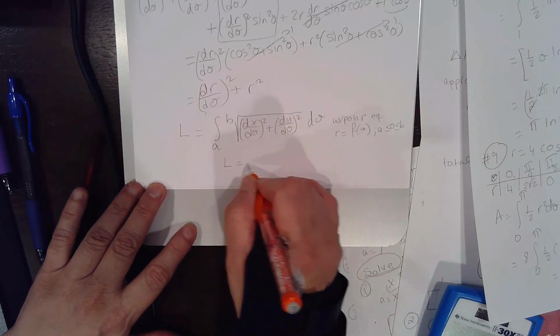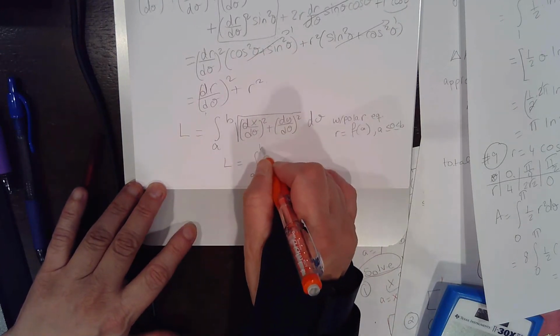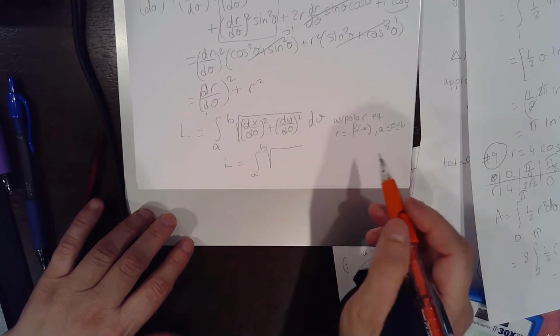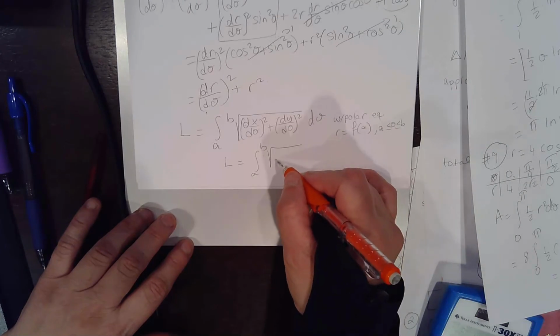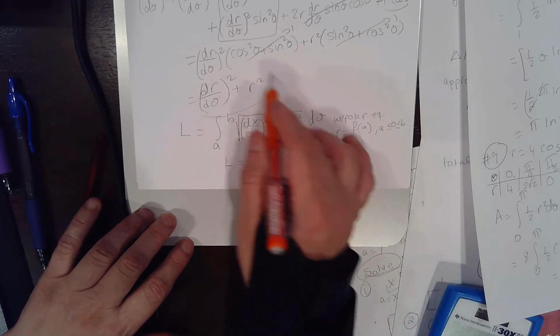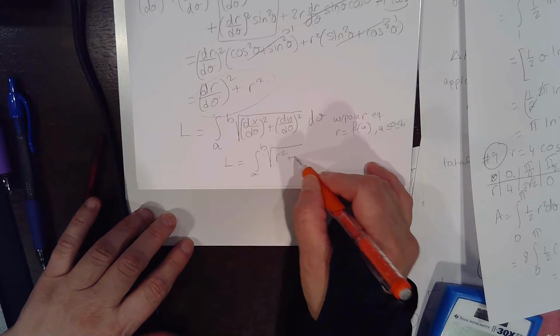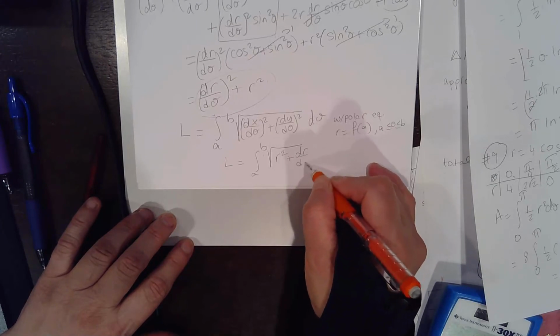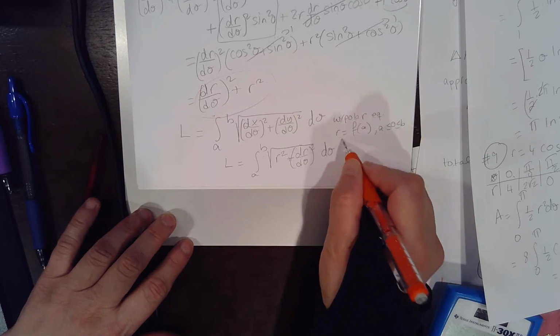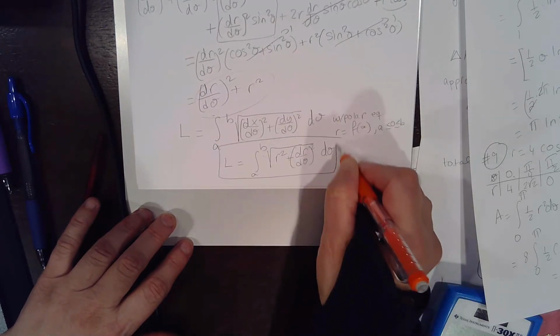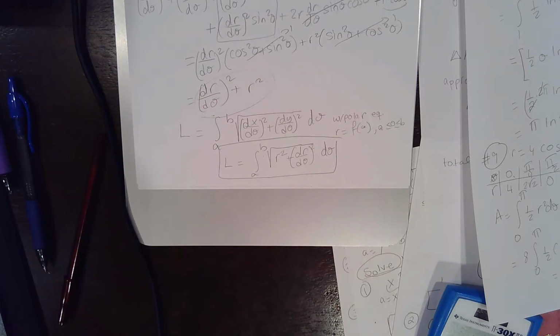L is equal to the integral from a to b of the square root of r² plus (dr/dθ)² dθ.